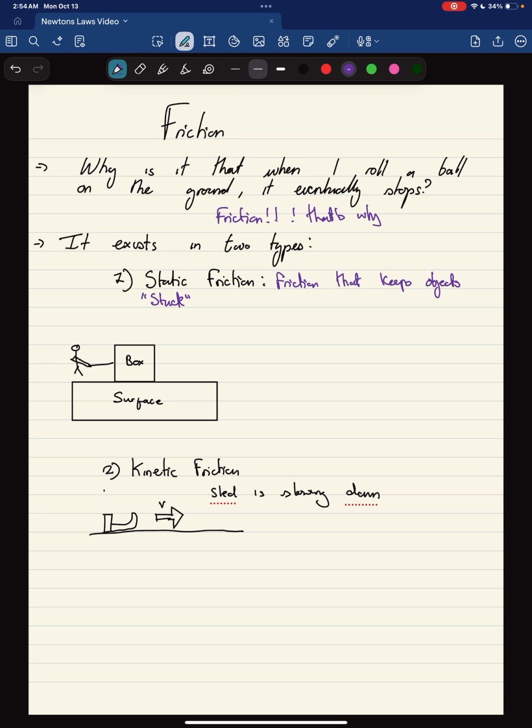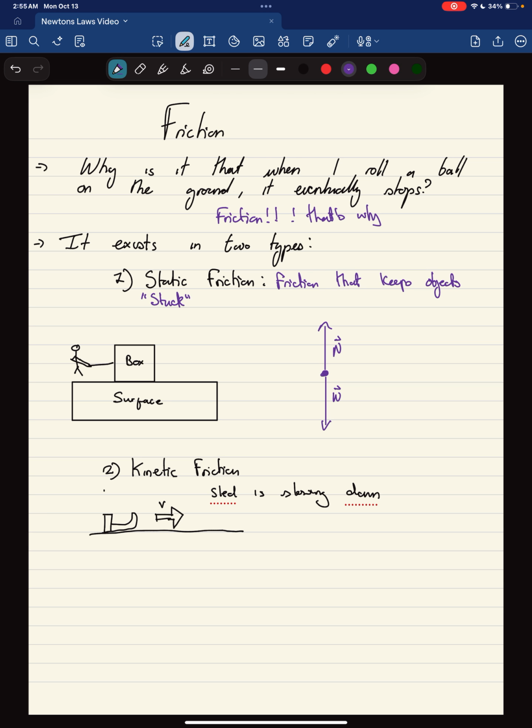I have this drawing right here: a person pulling a box, and I have a surface. Let me draw my free body diagram. I only care about the box. So this is my box, and I have my weight and my normal force.